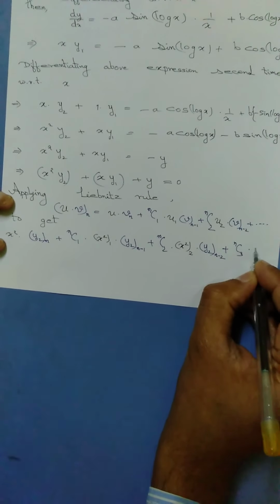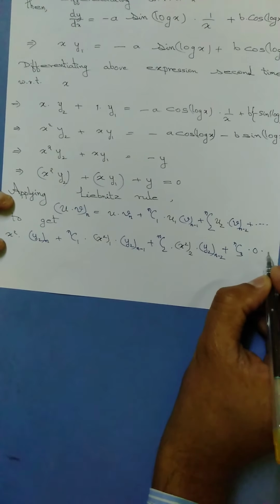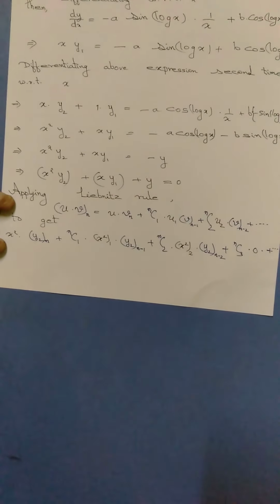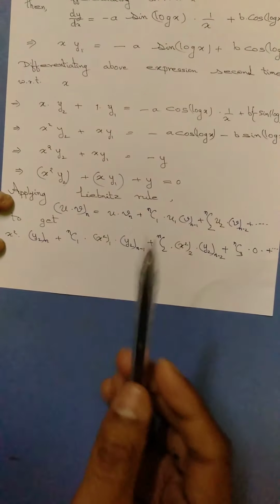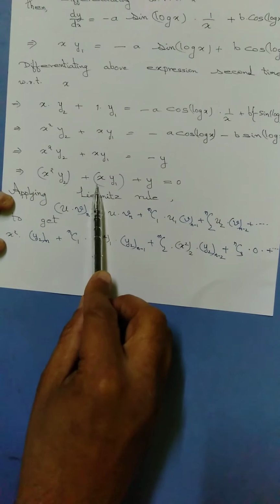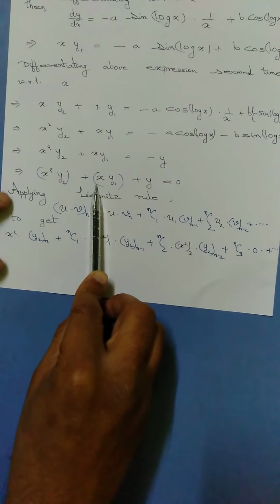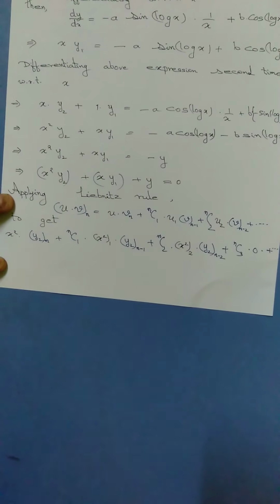Third derivative of x square is 0 into whatever it be, 0 into anything is 0, rest of the terms will all be 0. Same thing, we'll apply Leibniz rule on the product x into y1.